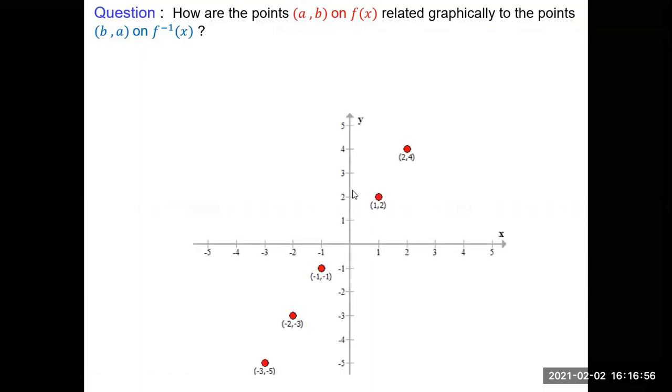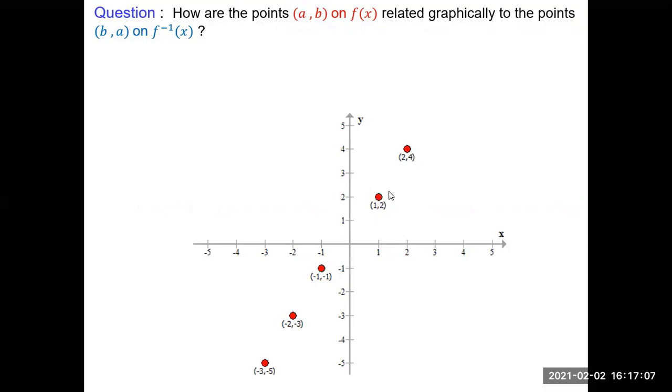So let's just assume that these are a few points on the function f. Notice that this point 1, 2 will have a corresponding point on the inverse function of 2, 1. If you look at -3, -5, then on the inverse function, you should have the point -5, -3.